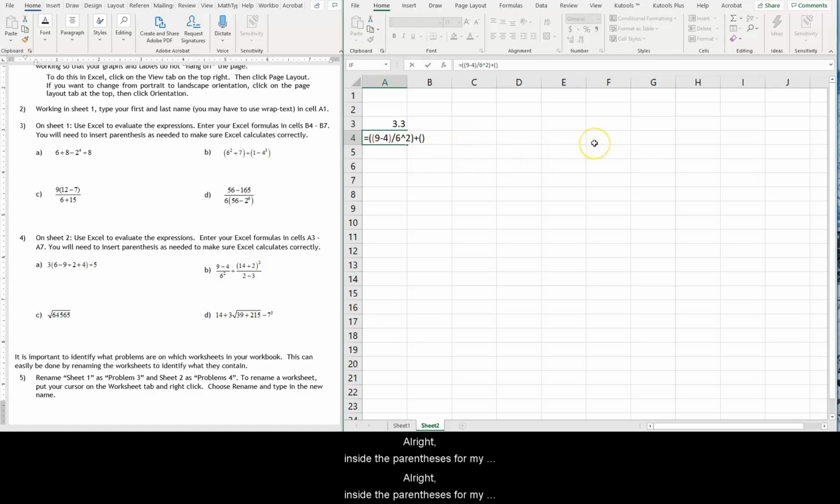All right, but then inside, so parentheses for my first part, or my numerator, 14 plus 2 raised to the 2. Okay. Oh, I'm missing several parentheses, so I need to do parentheses around the 14 plus 2. And then actually, that should be good.